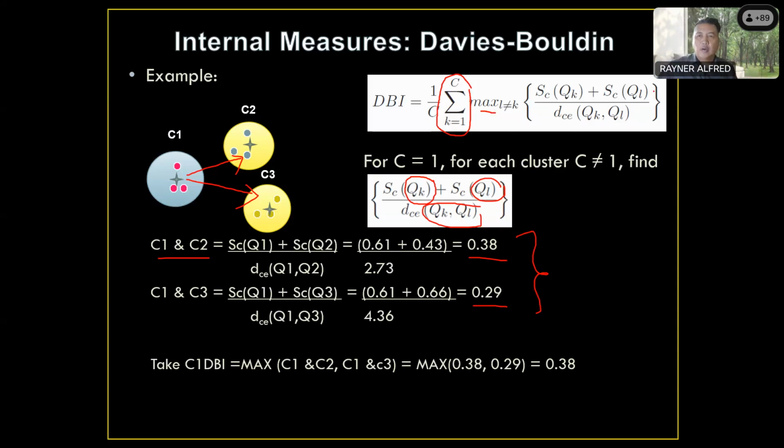If you look at the formula here, to get the best one, you need to minimize. So 0.38 is worse than 0.29, so we take this one. So the DBI value for cluster 1 will be 0.38.